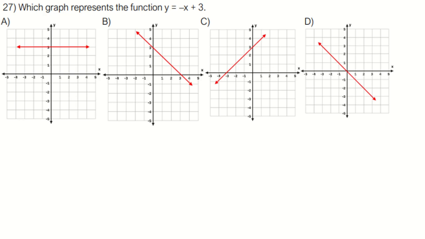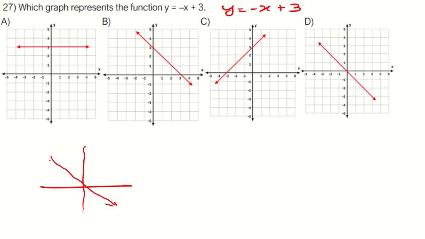Now next is, which graph represents the function y = -x + 3? Students, you can do these questions in many ways, but I am telling you a simple thing with the parent function. You see, y = -x will look like this every time.